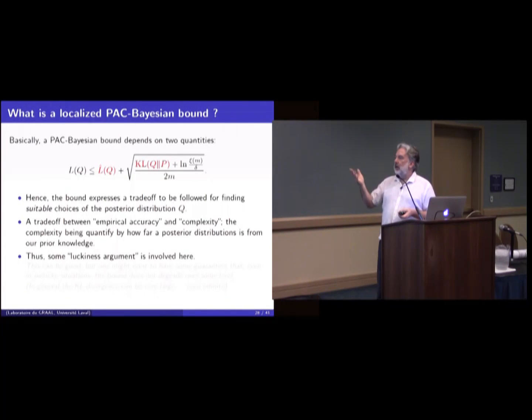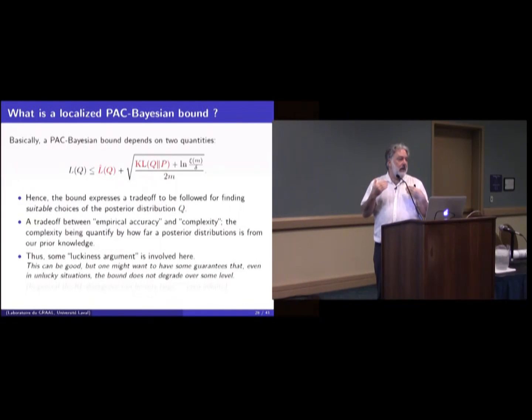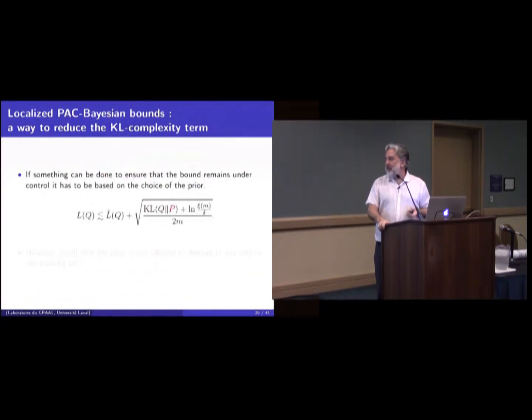So the question of a localized prior is, is there some possibility to have some guarantee that even if we are not really lucky, then the bound will never be very, very big? Okay, I remind you that the KL can even be infinite, which is a very bad bound.